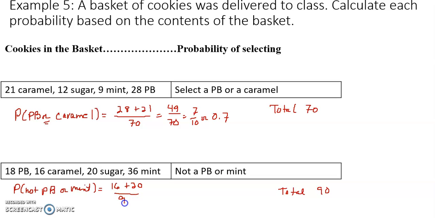And that's divided by 90. So I have 36 out of 90, which is going to give me 2/5, or 0.4 as a probability.